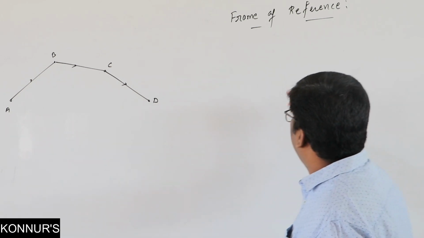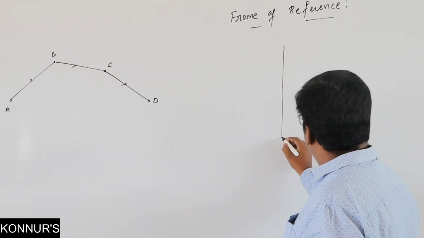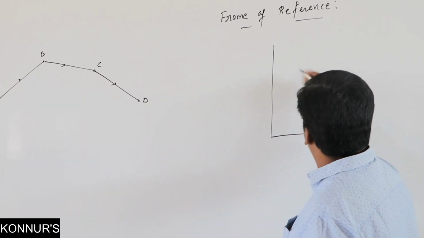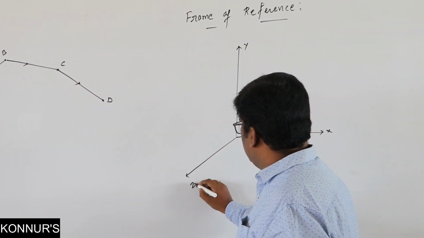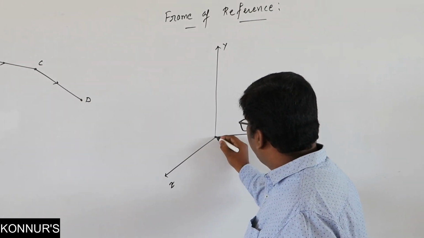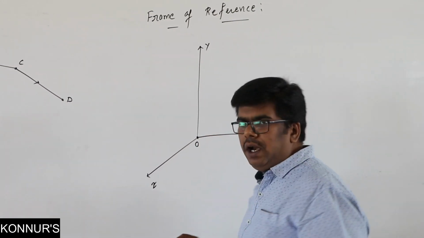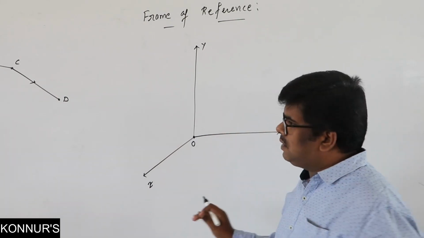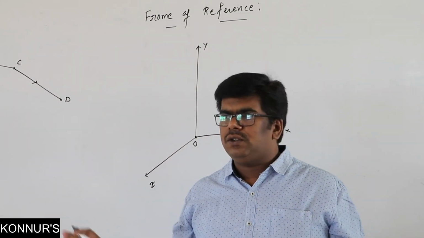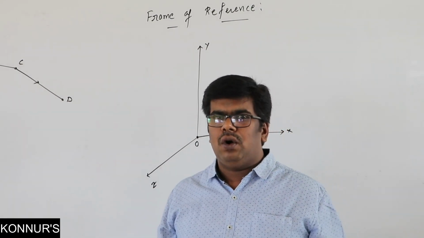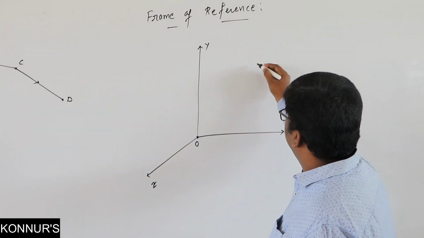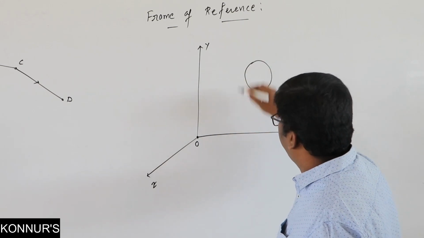Let us take a coordinate system, with x, y and z axes. The origin is the reference point. In this coordinate system, for example, this room can be treated as a reference frame having x, y and z coordinates, and a clock is attached to this reference frame.